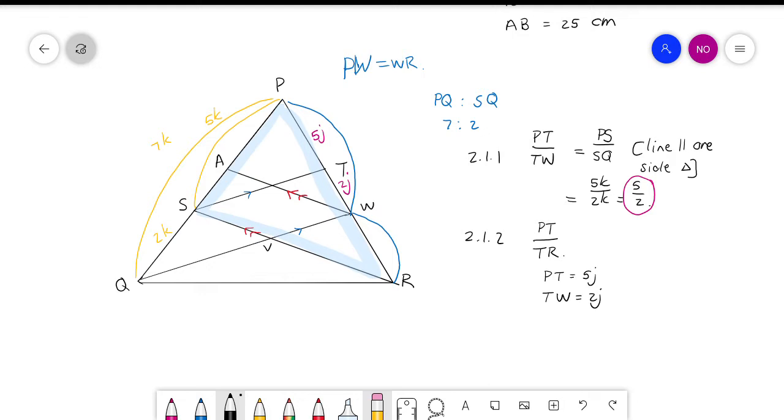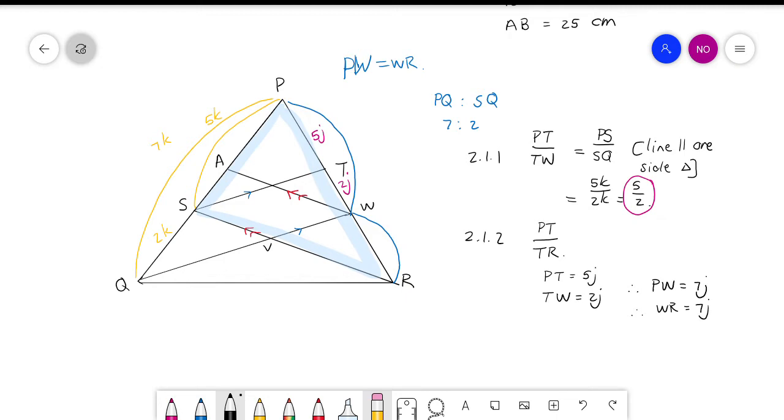Ons het ons uit die vorige een uit daai verhouding gekry. So dit wil sê PW is gelyk aan 7J. Does that help us yet? Not exactly, but we're on our way there. Which means that WR will also be equal to 7J.